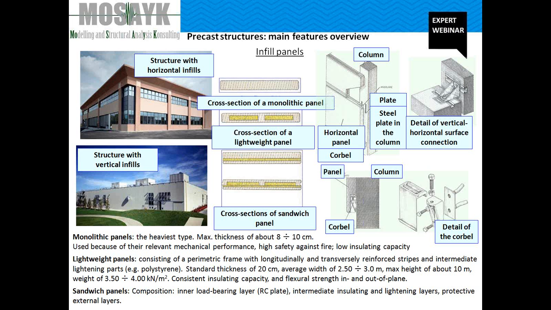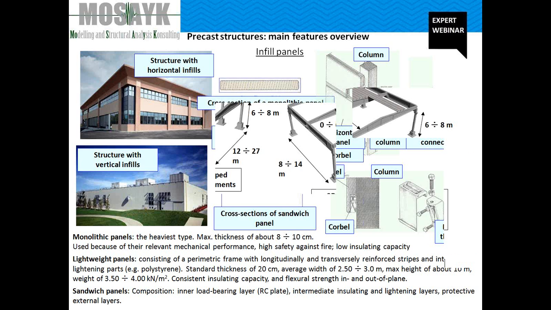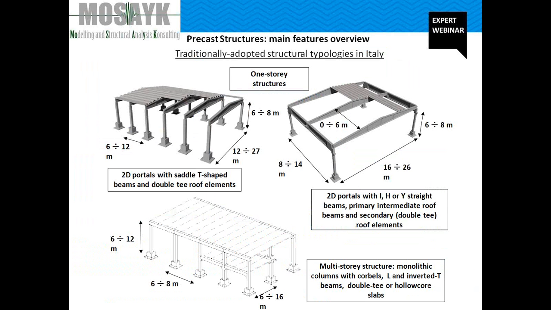In case of vertical orientation, they are horizontally constrained at the top, but their weight is directly distributed to the foundation in a certain percentage of the total weight of the panel, so it can be reasonable to consider only a part of the mass linked to the structure. Then, more detailed information about the characteristics of the most common structural typologies should be defined.